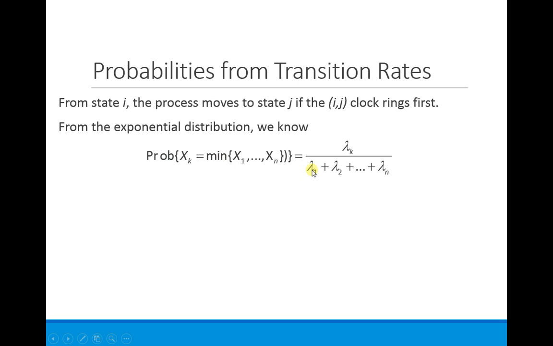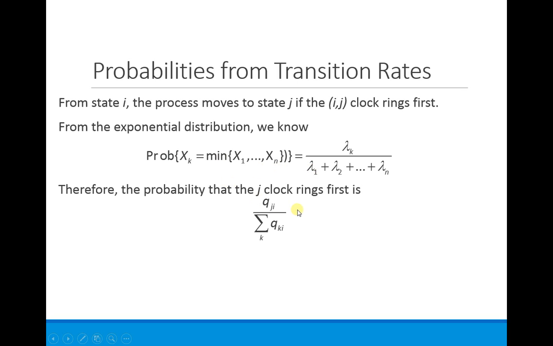The way that we can write this is the probability that our IJ clock rings first is going to be the rate for our IJ clock, which was QJI, divided by the entire sum of all of our rates.